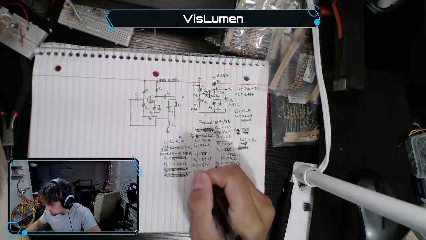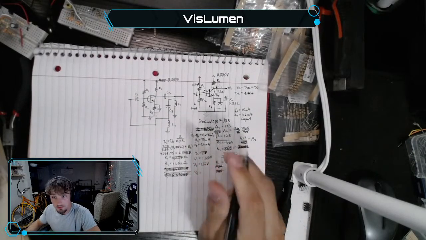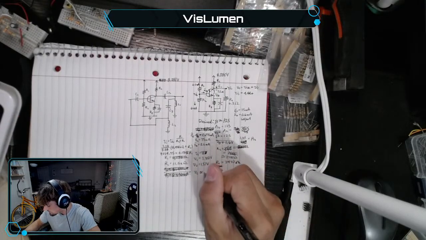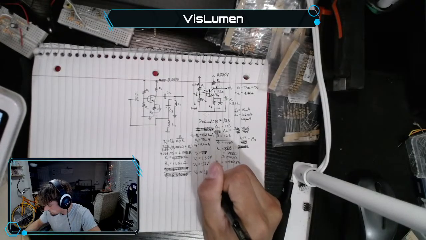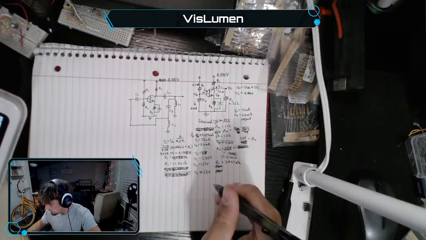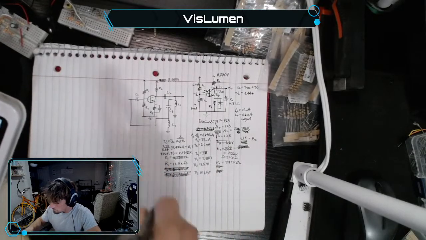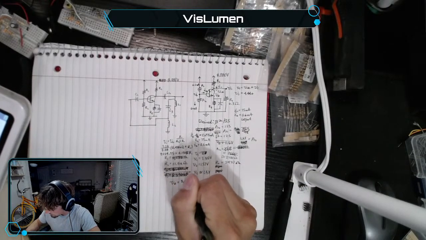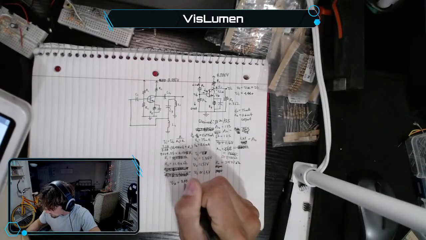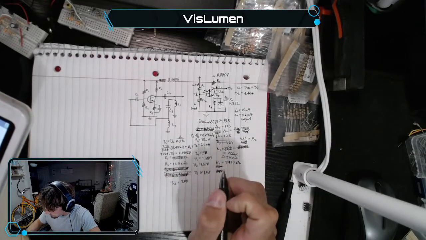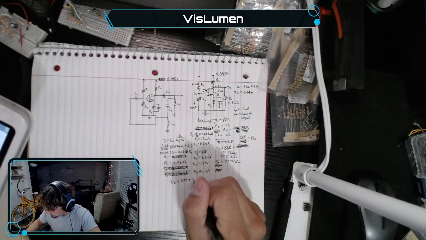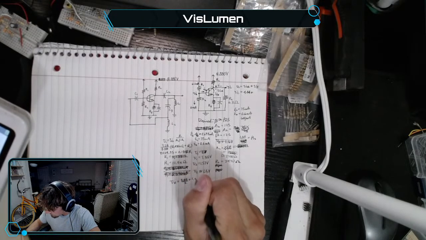Okay, so we also want the emitter voltage VE to equal approximately, which we're just going to calculate as, we'll say 1.5 volts. So VE is going to equal 8.88 divided by 2, plus 1.5 volts.